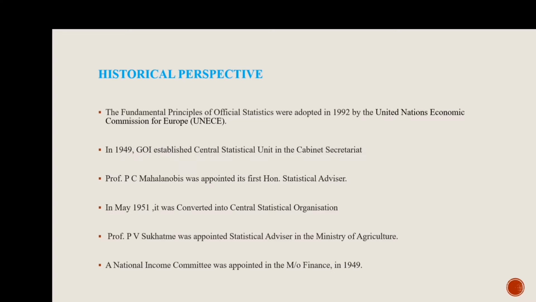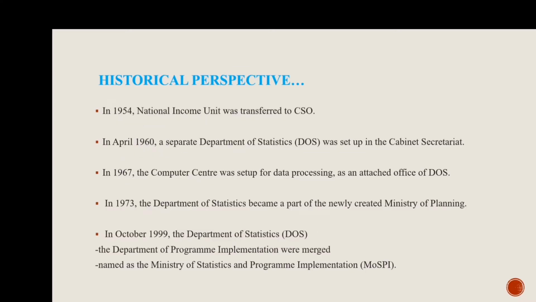Later in 1951, it was converted into the Central Statistical Organization, and Professor P.V. Sukhatme was appointed Statistical Advisor in the Ministry of Agriculture. A National Income Committee was appointed in the Ministry of Finance in 1949 to work out a system for a reliable estimation of national income.